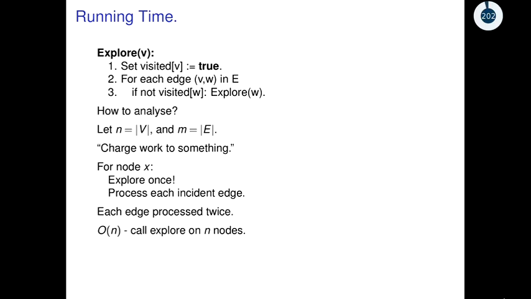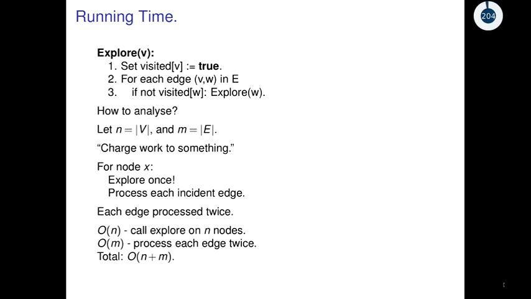So there's order n time that you need to explore each vertex, and then order m time to process each edge twice. That's the total time. So you make an argument. You don't just write down a recurrence. You look at what all the work is that you're doing.